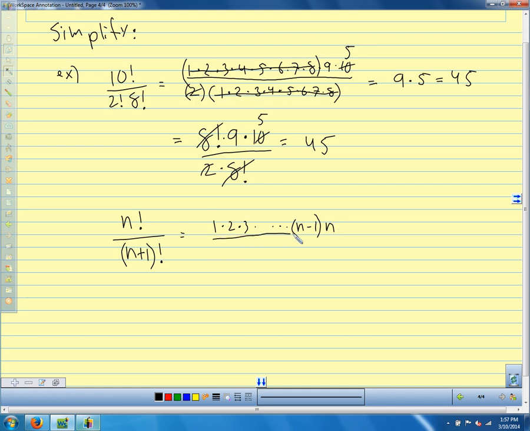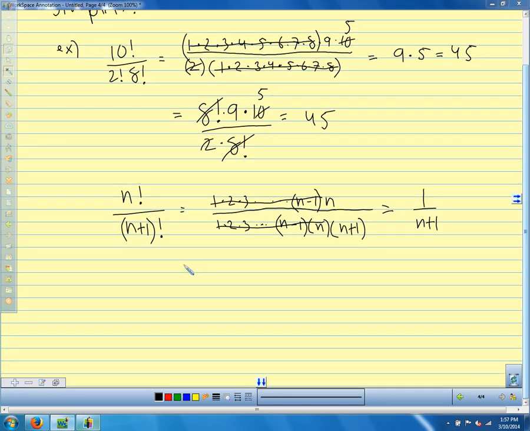And in the bottom, I have 1 times 2 times 3 dot dot dot times n minus 1 times n plus 1. All the numbers between 1 and n plus 1 multiplied together. So what can I cancel out here? Everything up to n plus 1. So I cancel that, and this is just 1 over n plus 1.